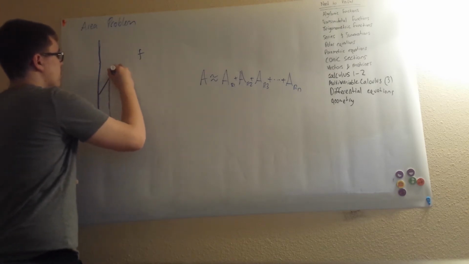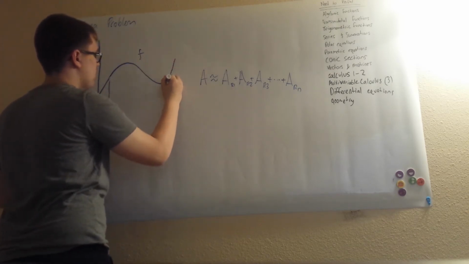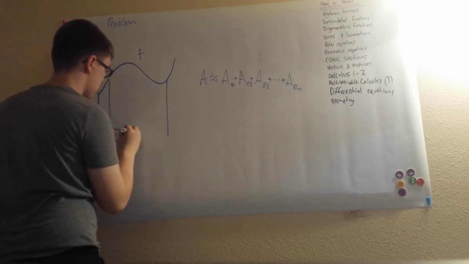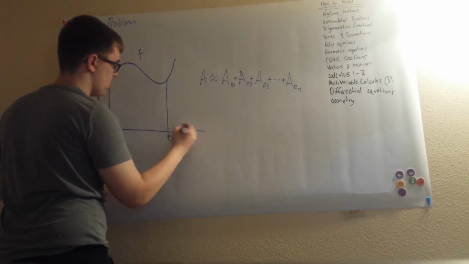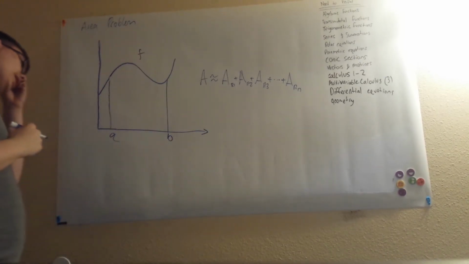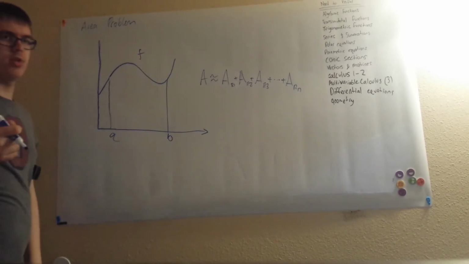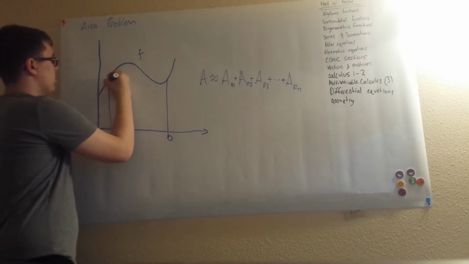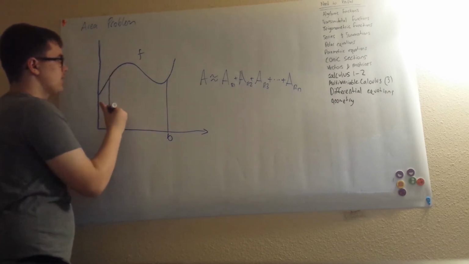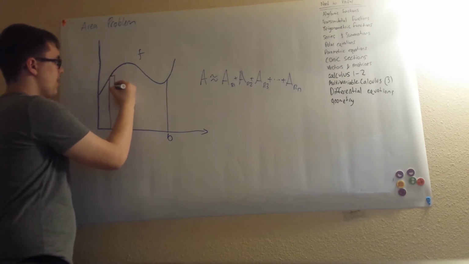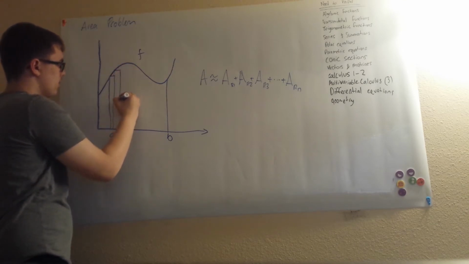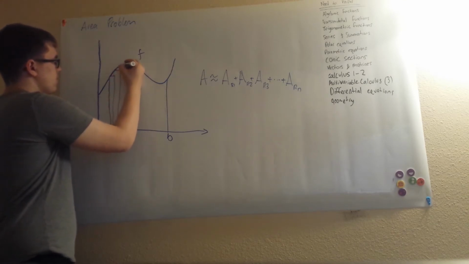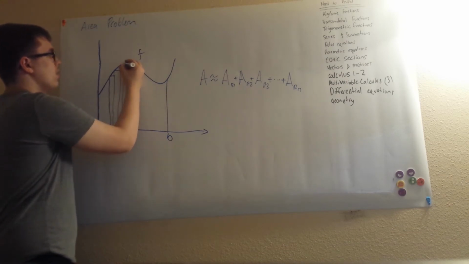So, how am I doing these rectangles? Well, I'm literally going up to the function height and going down. Going up to the function height and then making a rectangle like that. Going up to the function height, making a rectangle.